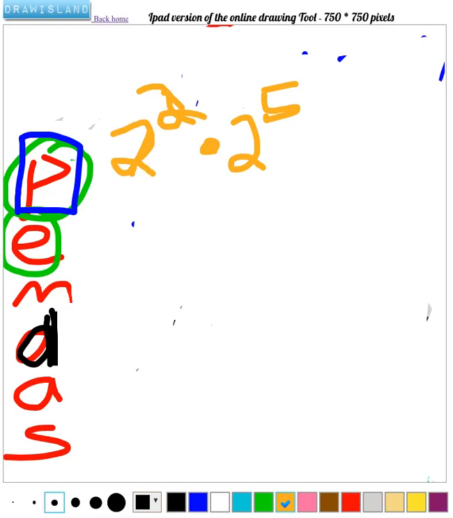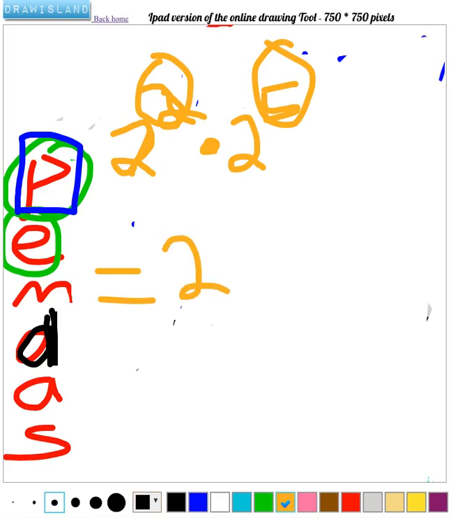Well, what you do here is, if it's multiplication and they're both positive on the top, all it is is 2 to the power of 2 plus 5, which is equal to 2 to the power of 7.